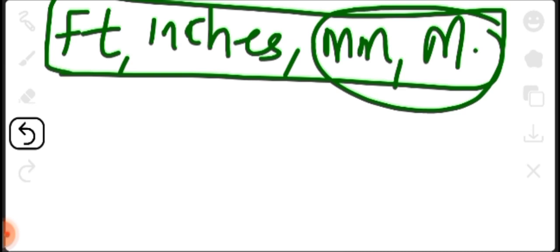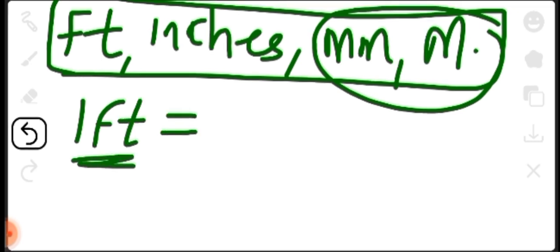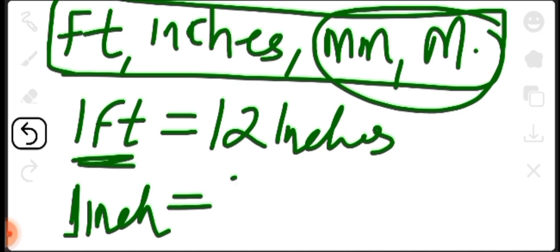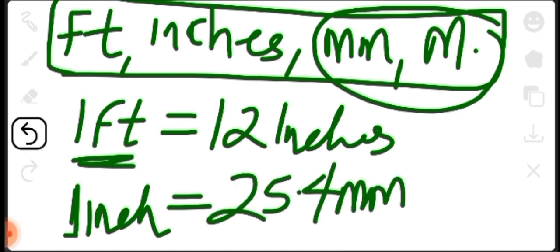So what is the conversion rate? Take note of this. 1 foot is equal to 12 inches. And 1 inch is equal to 25.4 millimeters, or mm.